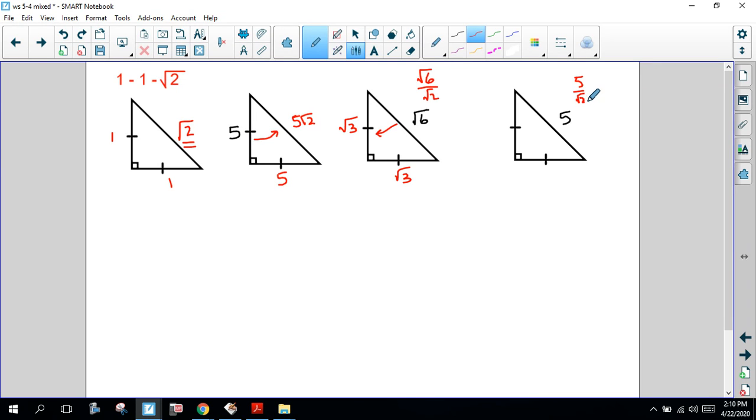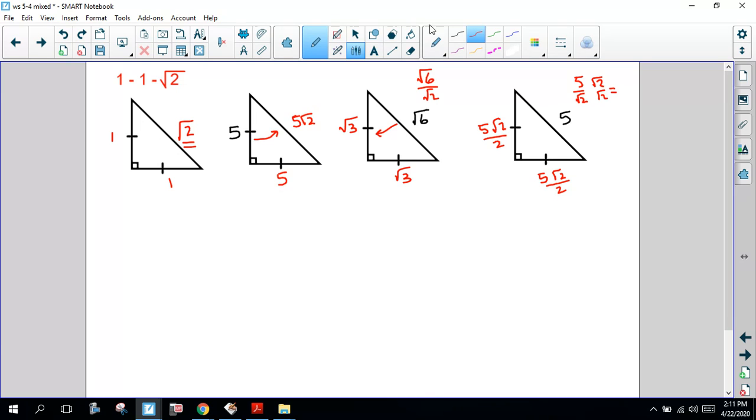But back in your algebra days, you would have talked about how we need to rationalize this denominator. To rationalize, we've got to get rid of that radical. And when I do that, on top, I'm left with 5 radical 2 over 2. And both of these legs would be that same value of 5 radical 2 over 2.